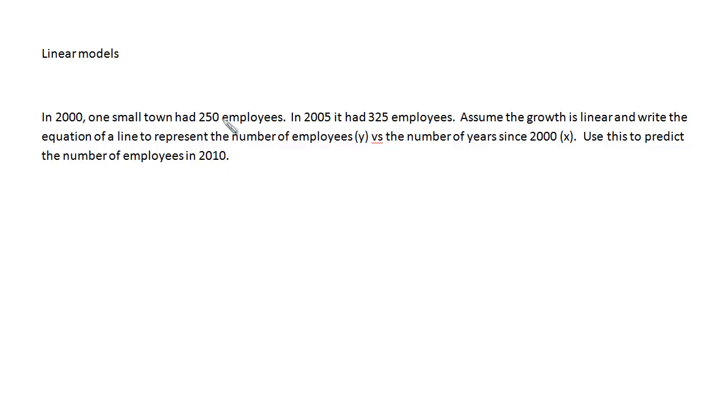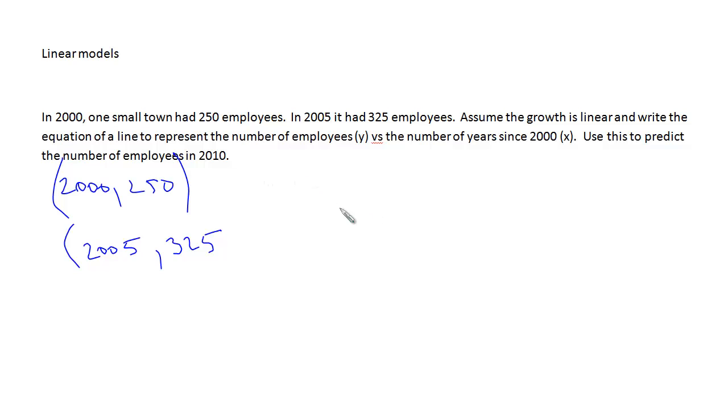So if I treat these just like coordinates, I have an x value of 2000, y value of 250 people. Then I have a second ordered pair of 2005 and 325. I see as the years increase that the people are increasing, so that appears to be a positive slope.